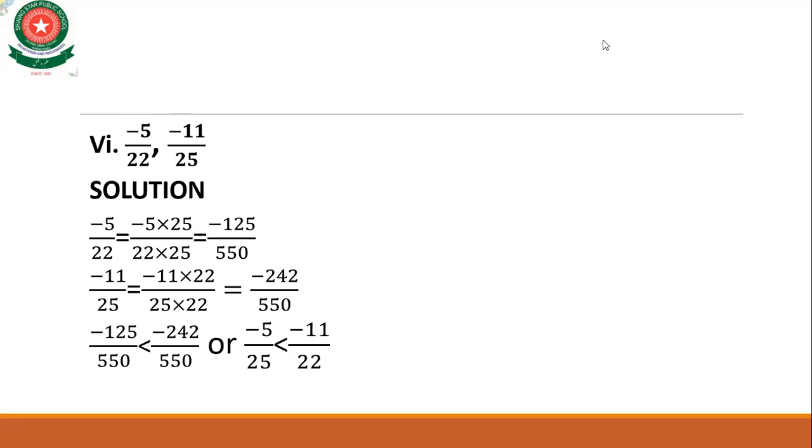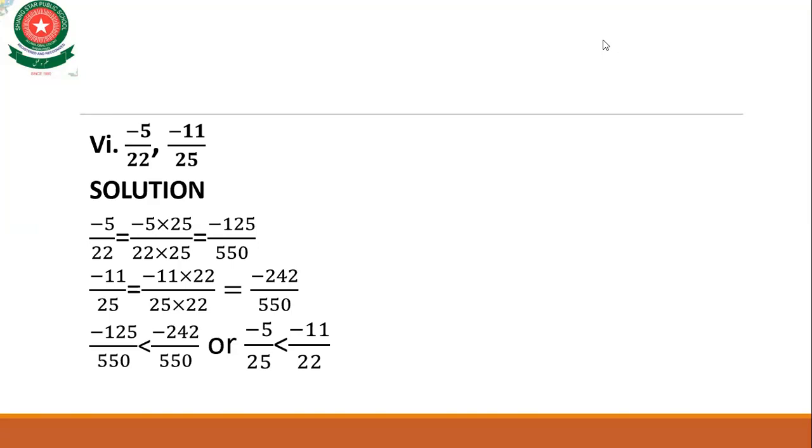Now part number 6. Minus 5 by 22 and minus 11 by 25. Solution: minus 5 by 22. First we have to take the LCM and we will get the answer 550. So we have to multiply 25 with 22 to get 550.